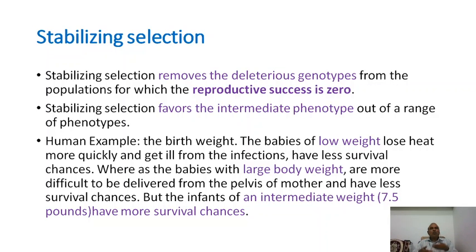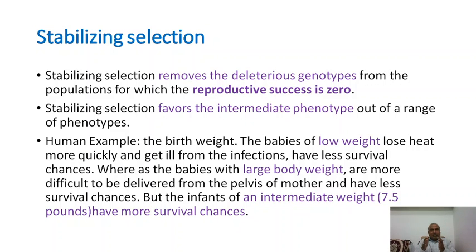More heat requires more metabolism, more metabolism means more cells, and more cells means more weight. But if the infant has less than the required 7.5 pounds, it may not be able to generate heat. That is why the survival chances of those infants are very low, because they are unable to generate heat for survival. So that's very important.